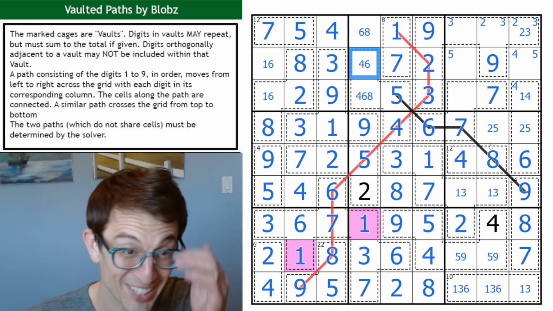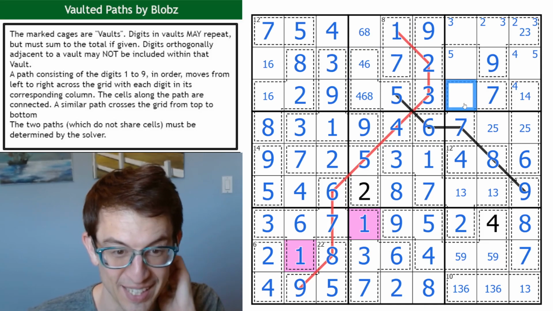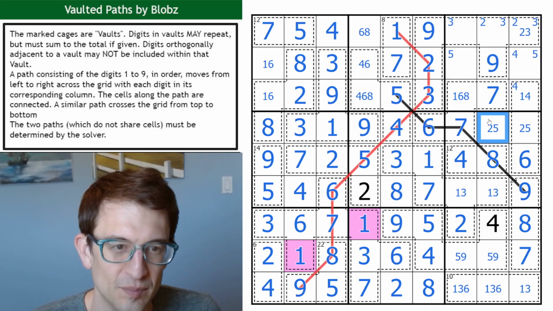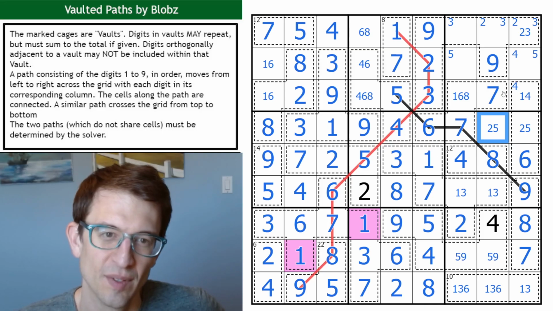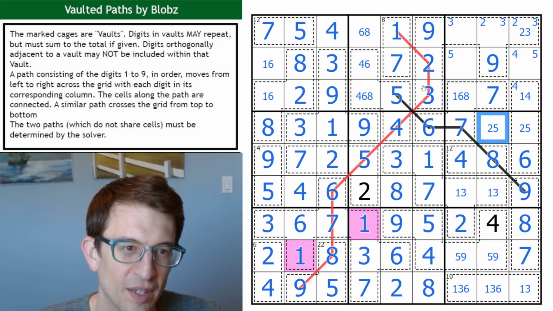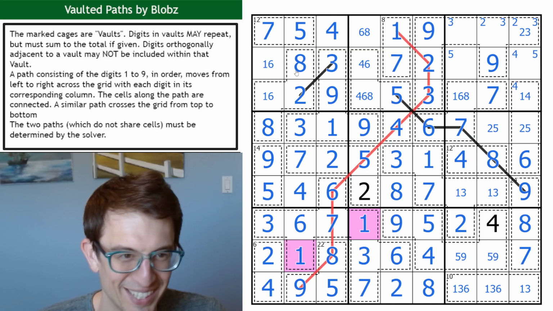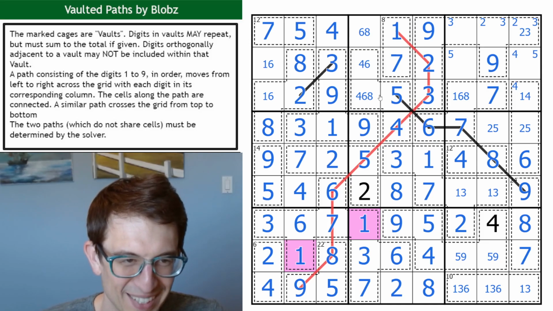I might have to find another thing like that. 1, 4, 6, 8. 1, 6, 8. It doesn't help me at all, this black line anymore. It helped me start. It's not helping me anymore.